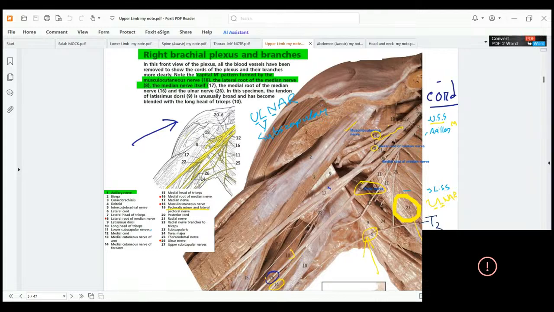Then number 26 is ulnar nerve. 21 is radial nerve, coming from the posterior cord. And 1 is axillary.